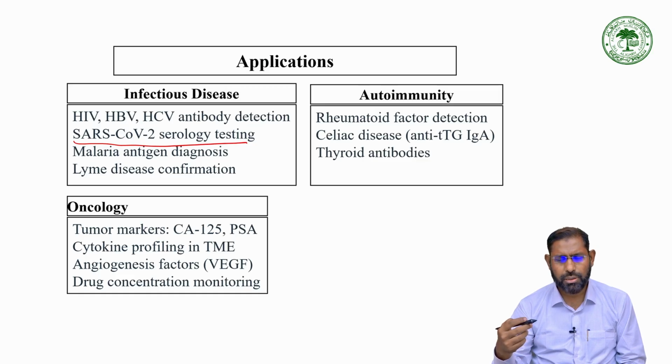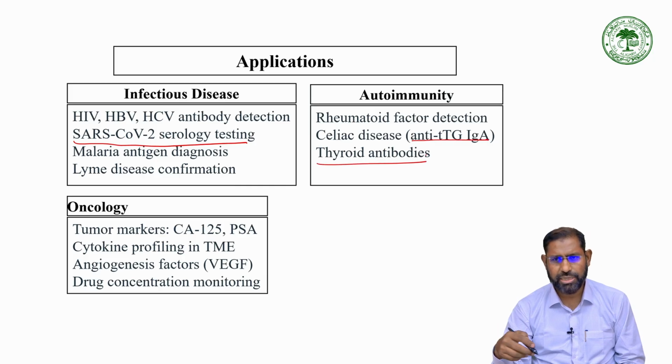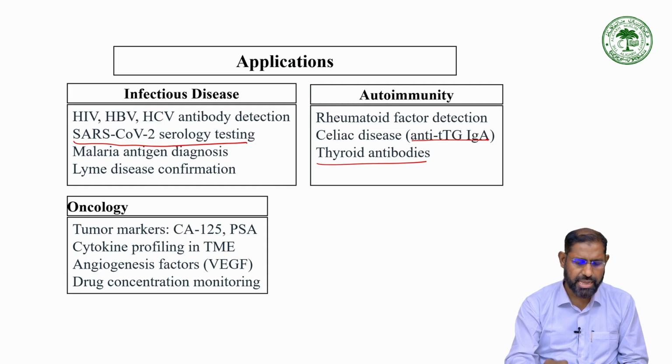Then also for autoimmune disease, like to detect rheumatoid factors, or celiac disease, where we use anti-TTG antibody, and also for thyroid we use thyroid antibody for detection of thyroid hormones. Then for oncology we use different tumor markers like CA-125 and PSA.